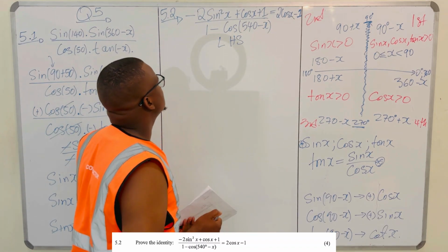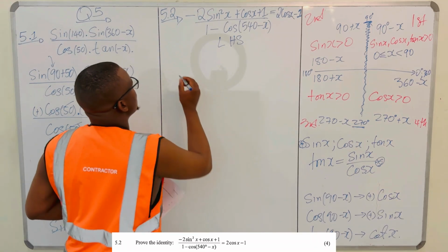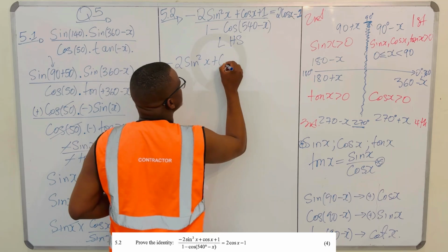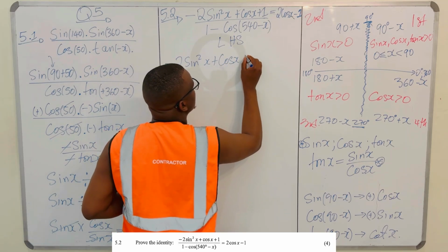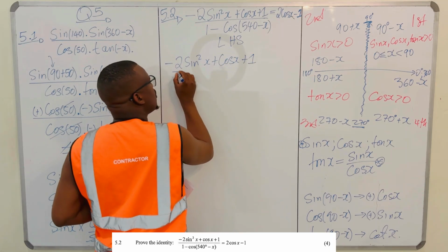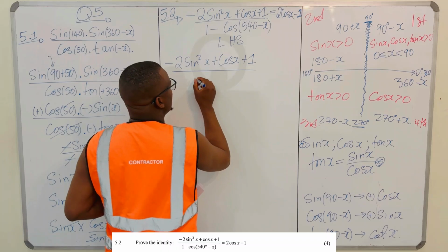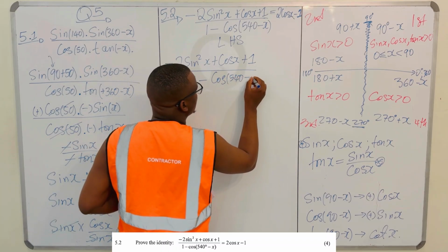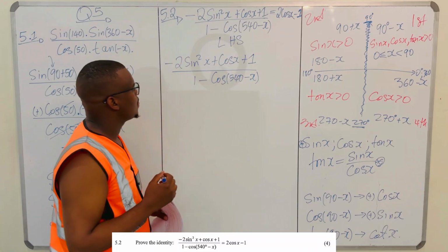So how do we do that? We say, okay, we have minus 2 sine squared x plus cos x plus 1, all divided by 1 minus cos of (540 minus x). This is what we have.